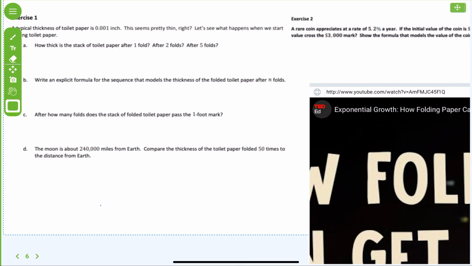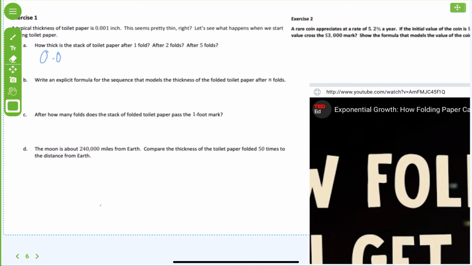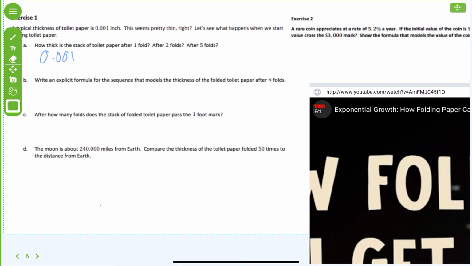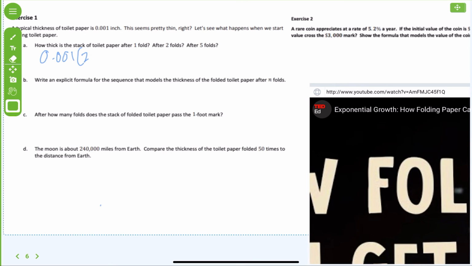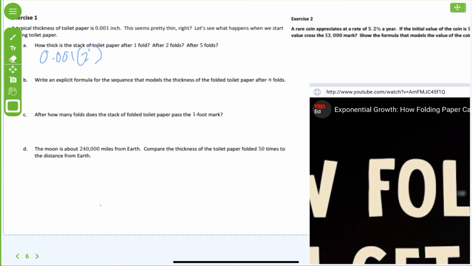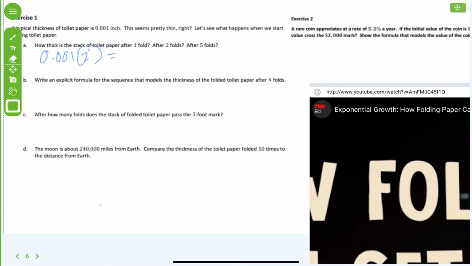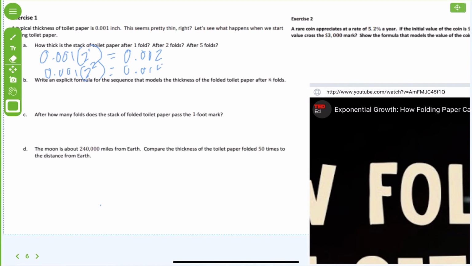So we would have 0.001 times 2 to the first, and that would equal 0.002. Well, after 2 folds, that's going to equal 0.004.